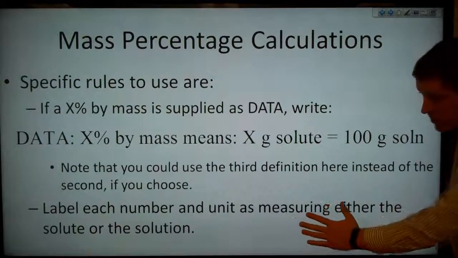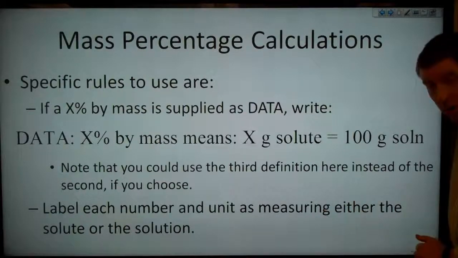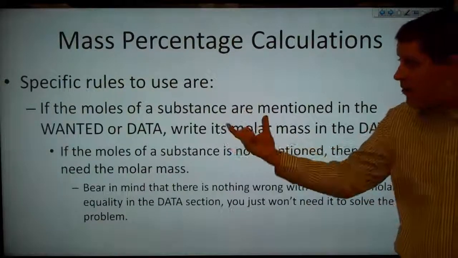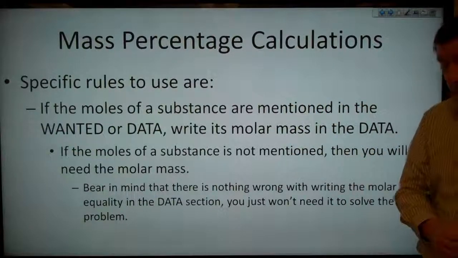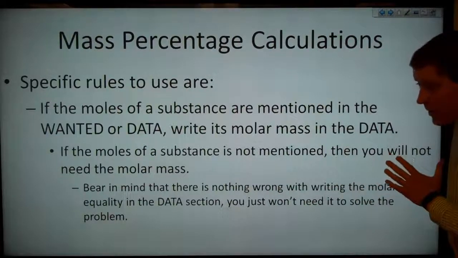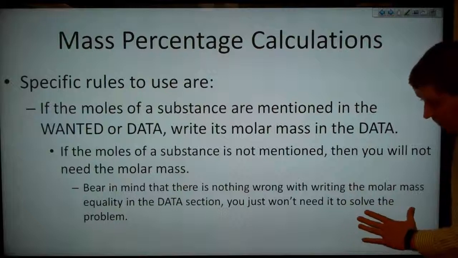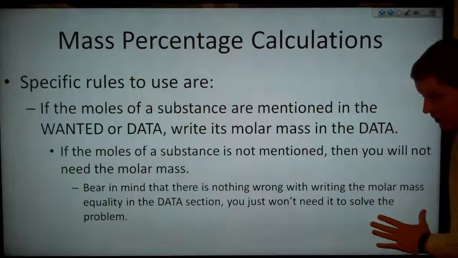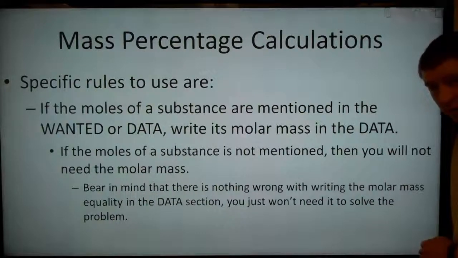Label each number and unit as measuring either the solute or the solution, and if the moles of the substance are mentioned in the wanted or data, write its molar mass in the data. If the moles of a substance is not mentioned, then you will not need the molar mass. Bear in mind that there is nothing wrong with writing that molar mass equality in that data section, you just won't necessarily need it to solve the problem.